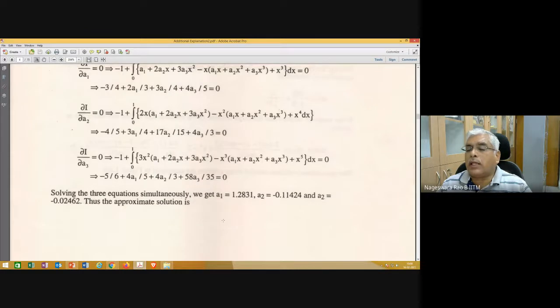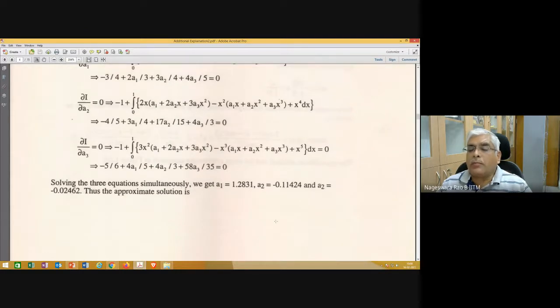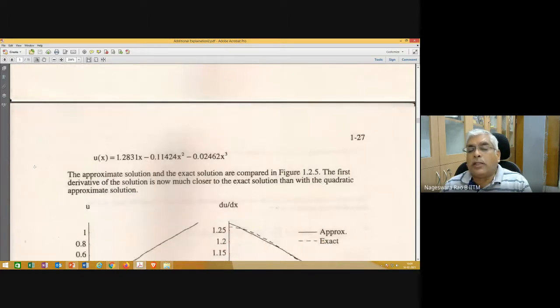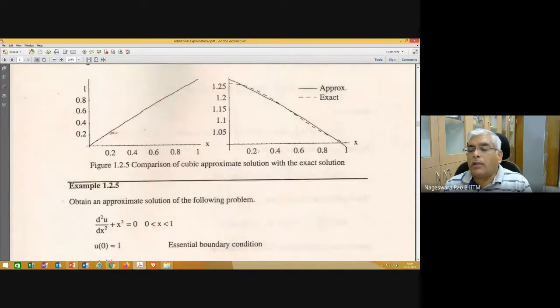You solve for the three unknowns, which are a1, a2, and a3. Here there is a typing mistake, and you can see such things; please correct it. This is A1, A2, and A3. Once you get them, you substitute into the admissible trial solution to get the approximate solution, and you plot it.